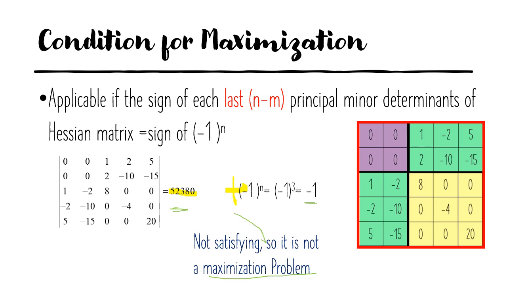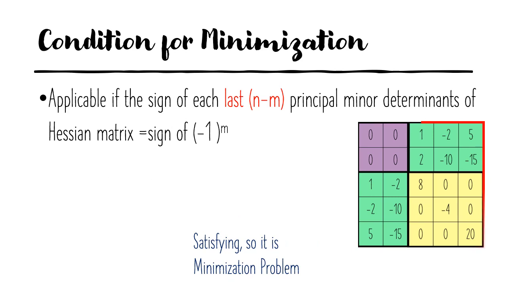So then what is the next step? I have to identify whether it is satisfying the condition for a minimization problem. The condition is the same, only the difference is my sign is minus 1 power m. Previously it was n, now it is m. n indicates the number of variables in the objective function, whereas m indicates the number of constraints.